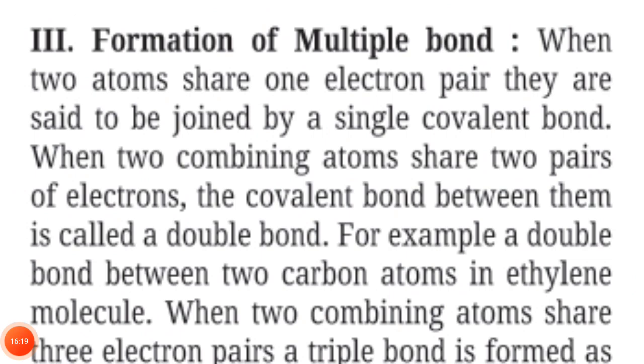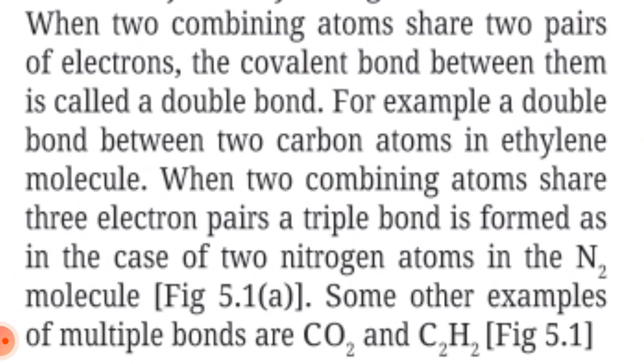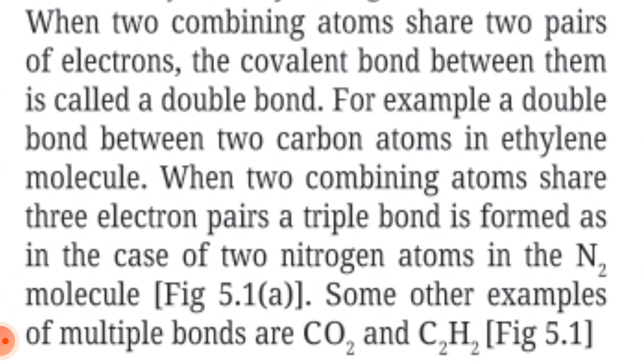Third, formation of multiple bonds. When two atoms share one electron pair, they are said to be joined by a single covalent bond. When two combining atoms share two pairs of electrons, the covalent bond between them is called a double bond, for example, the double bond between two carbon atoms in the ethylene molecule.